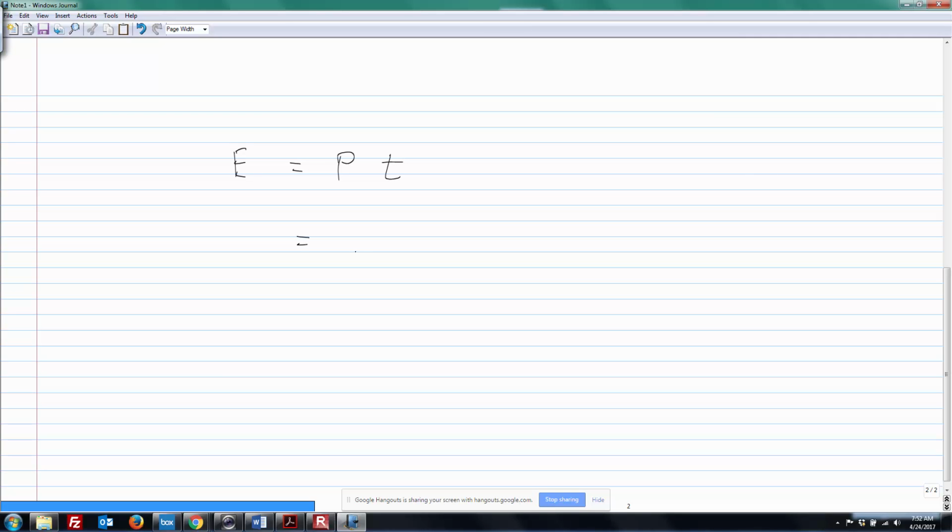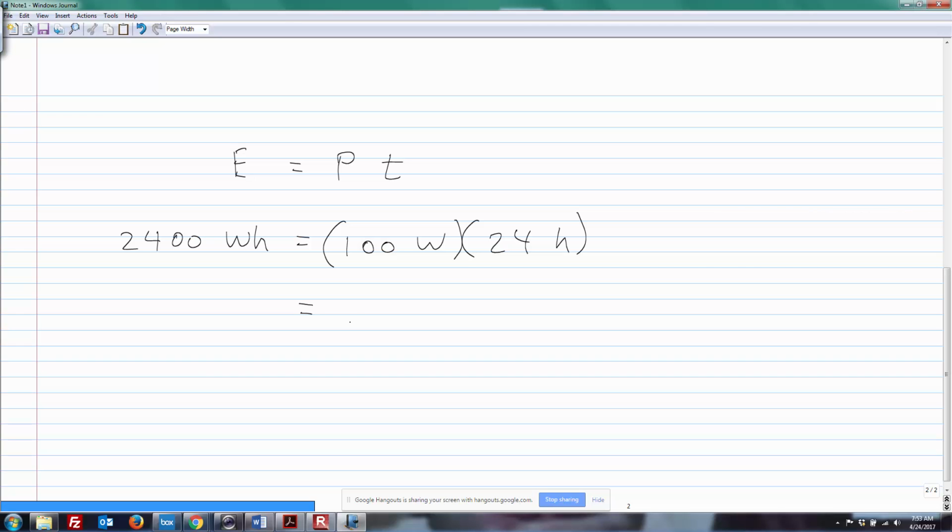Power equals 100 watts, time equals 24 hours. So the energy equals 2,400 watt hours, which equals 2.4 kilowatt hours.